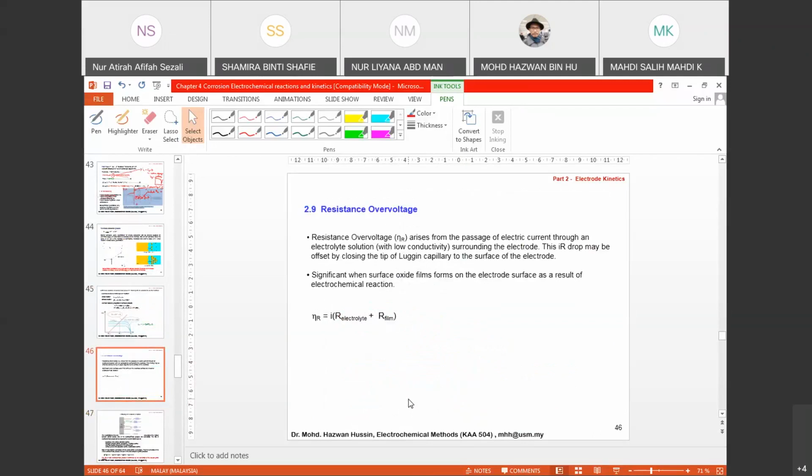Moving on to the next one, resistance overpotential. Resistance overpotential arises from the passage of electric current through the electrolyte solution surrounding the electrode. This IR drop may be offset by placing the tip of the Luggin capillary close to the surface of the electrode.